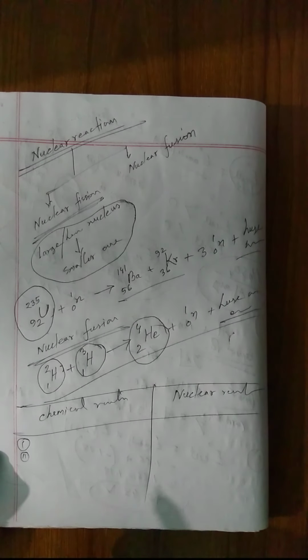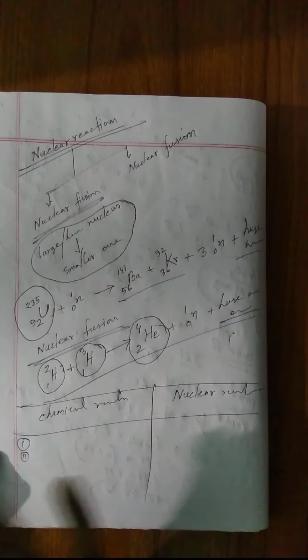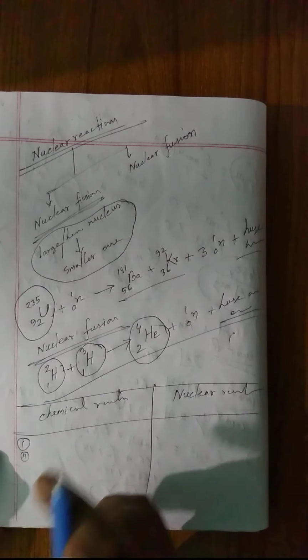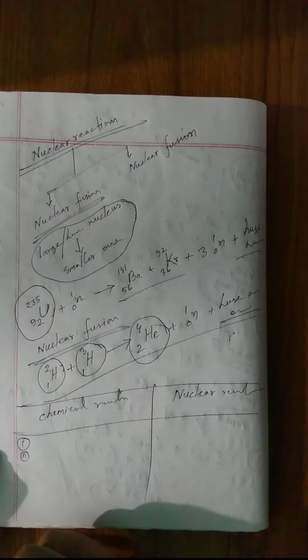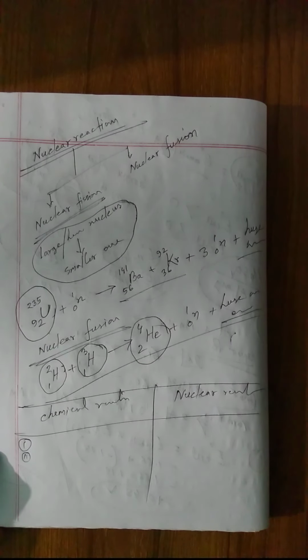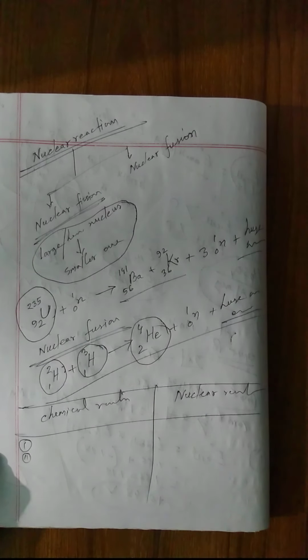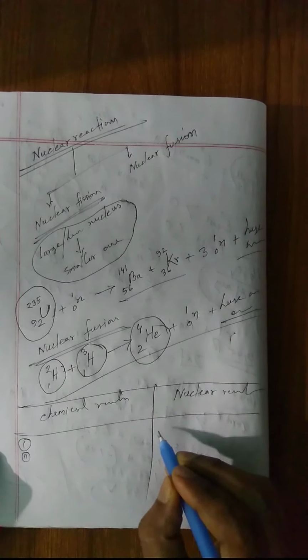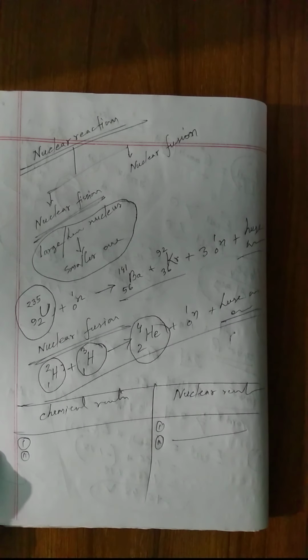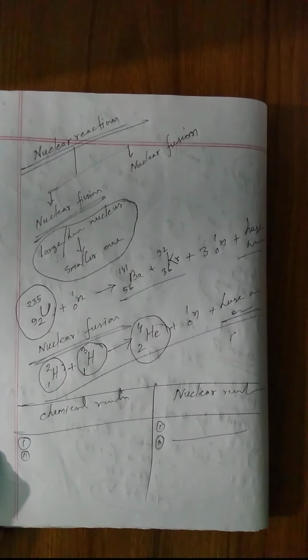Second, in chemical reaction there is no creation of a new element, and in nuclear reaction a new element is produced.